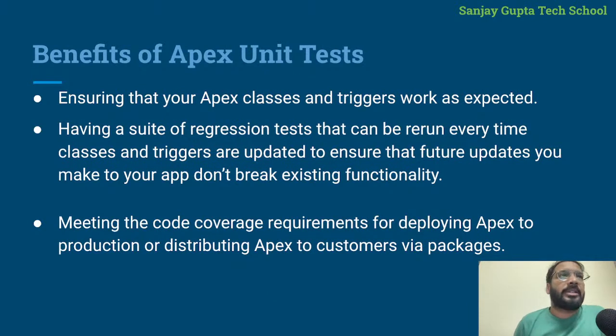So the second point says having a suite of regression tests that can be rerun every time classes and triggers are updated to ensure that future updates you make to your app don't break existing functionality. So this is important. For example, if you have implemented lots of Apex code, in that case, there will be lots of Apex test classes.